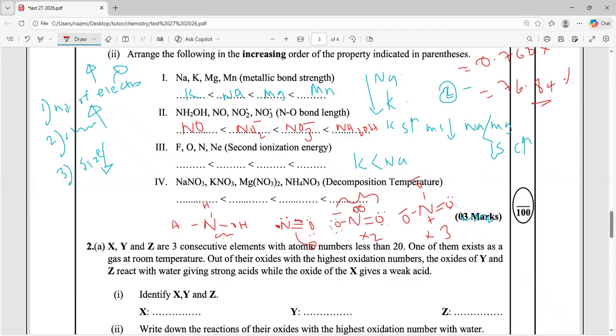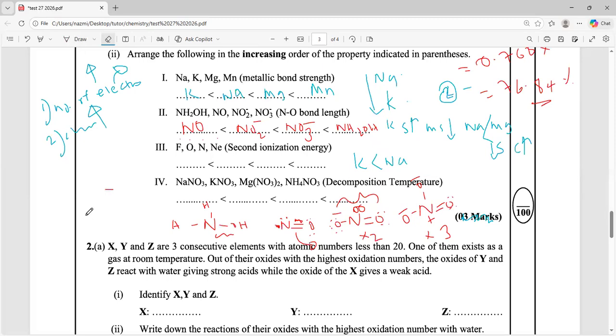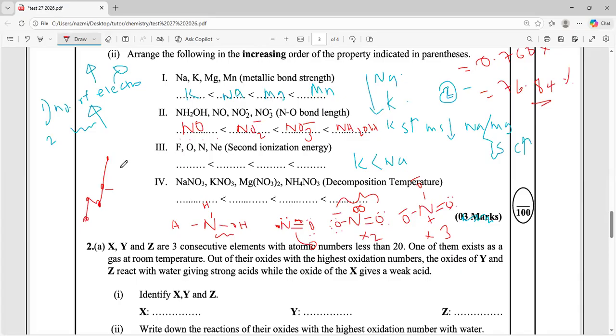Next one is second ionization energy: fluorine, nitrogen, oxygen and neon. First we'll draw the first ionization pattern: lithium, beryllium, boron, then carbon, nitrogen, oxygen, fluorine and neon.